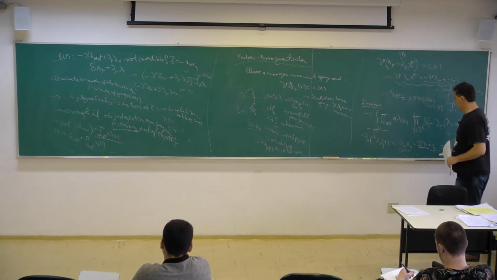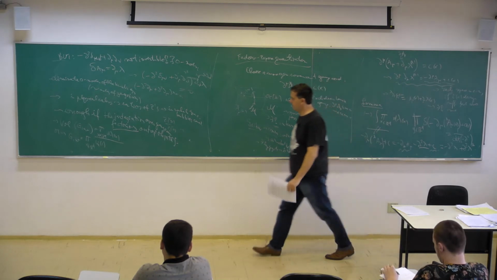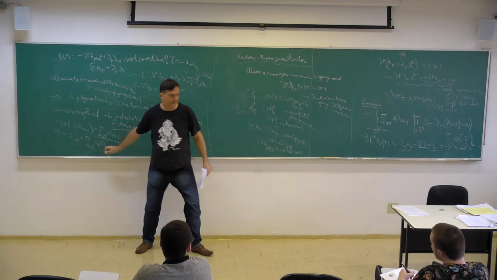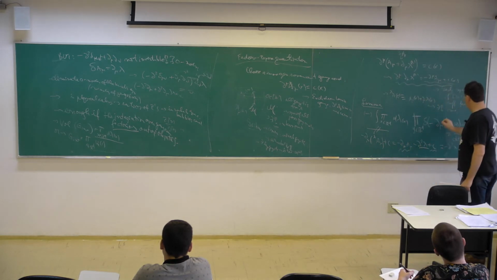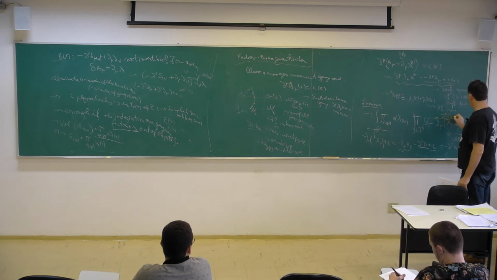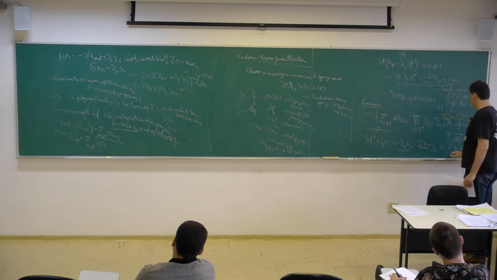Okay, so the thing that appears in the delta function here is minus del squared of lambda minus lambda A at y, right?